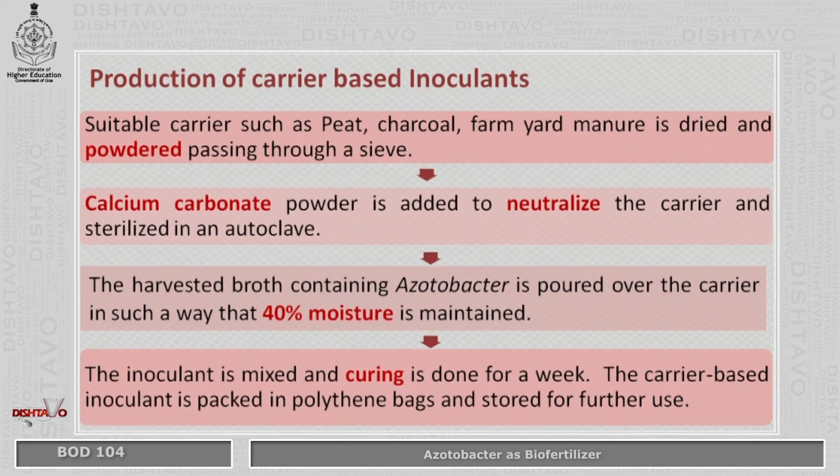The harvested broth containing Azotobacter is poured over the carrier in such a way that 40% moisture is maintained. The inoculant is mixed and curing is done for a week. The carrier-based inoculant is packed in polythene bag and stored for further use.